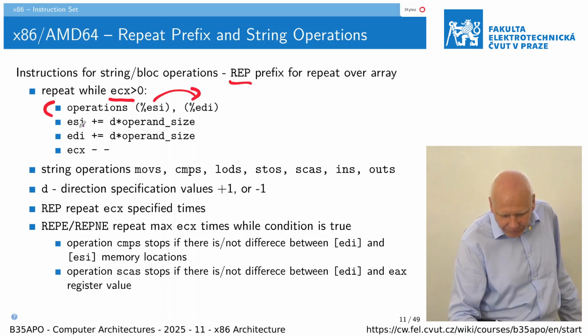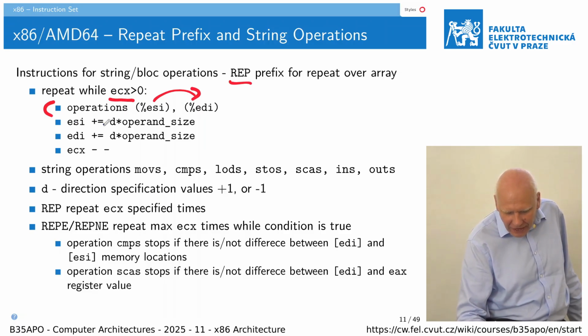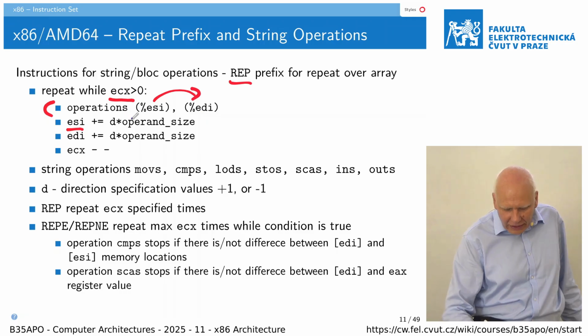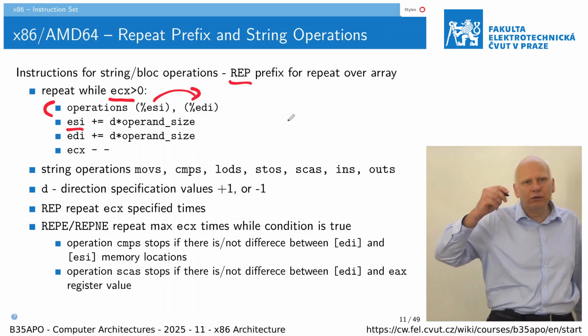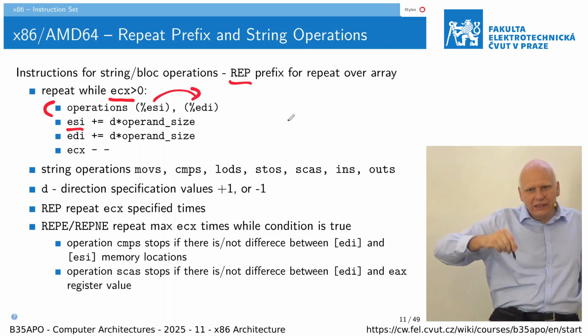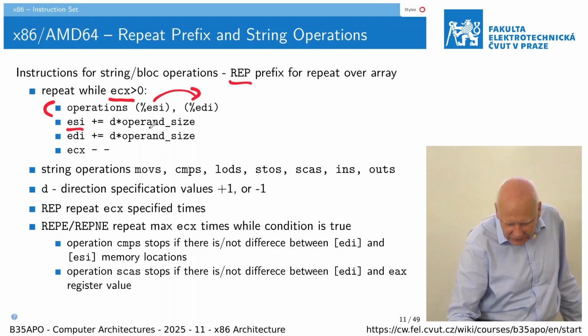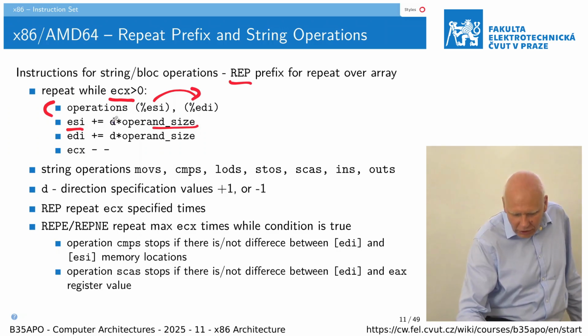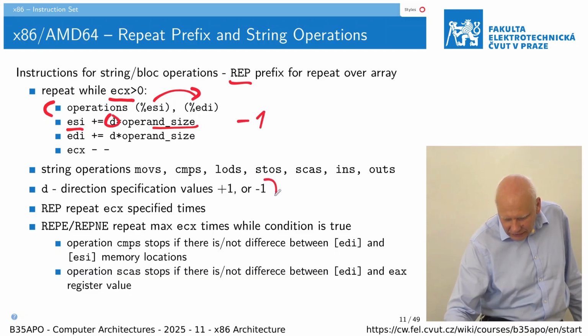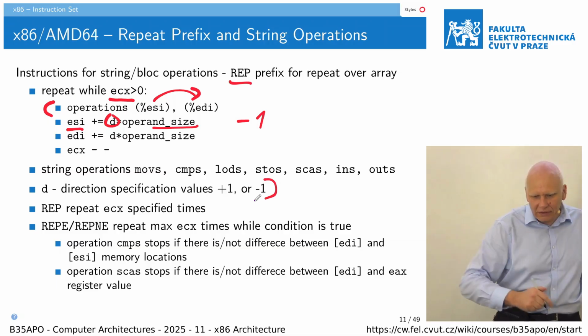And then that single instruction specifies that we move to the next location in the memory, and it is possible to say if we want to iterate through the arrays from lower addresses to higher, so in this case we add the size, or if we select a negative direction, -1, then we can iterate downwards.